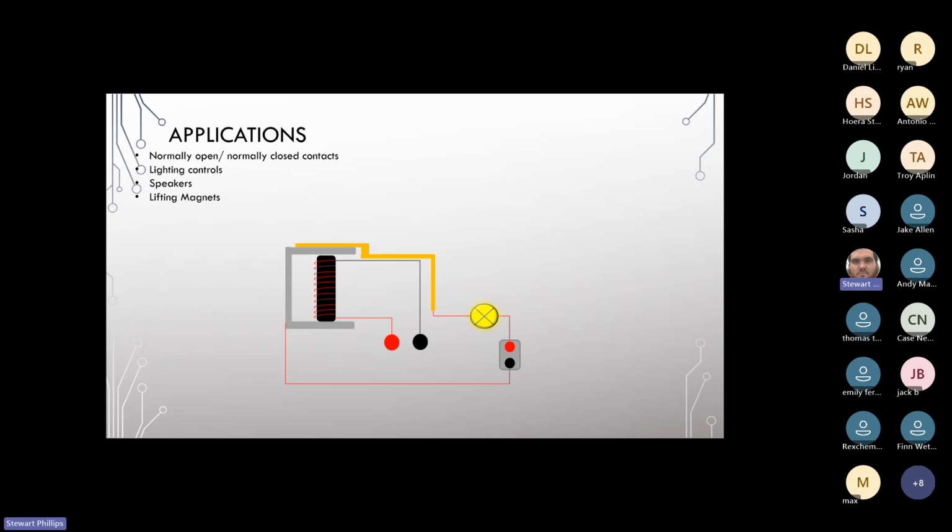So there are all kinds of uses for magnetism like this. So we talked about, motors rely on magnetism. We've got generators, transformers, lifting magnets, or large electromagnets. So the way speakers work is it uses a coil inside of the speaker to basically move the speaker cone backwards and forwards, generating sound waves.